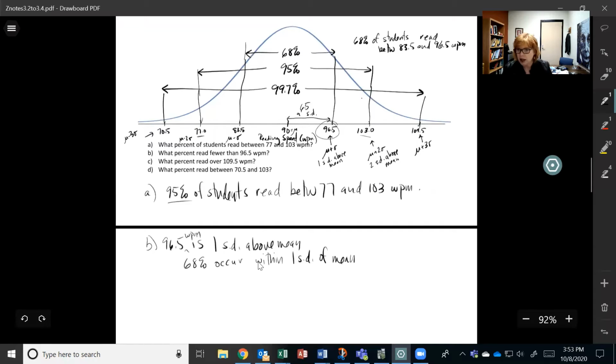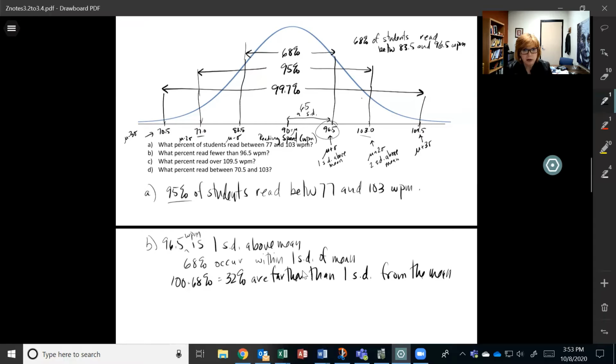All right. And the rest of them, the ones that don't, the rest of 100 minus 68%, which is 32%, are farther than 1 standard deviation from the mean. All right, and that's going to be these guys.